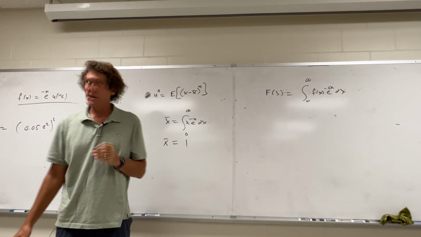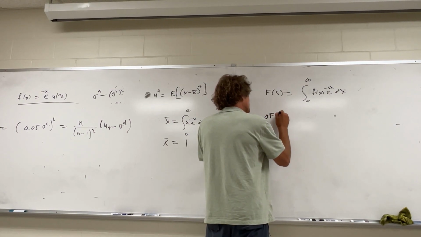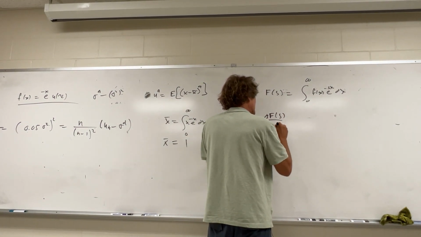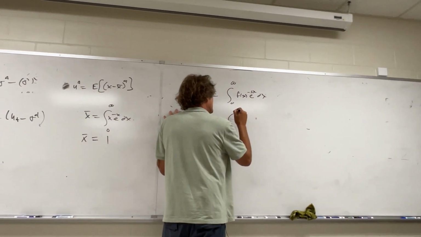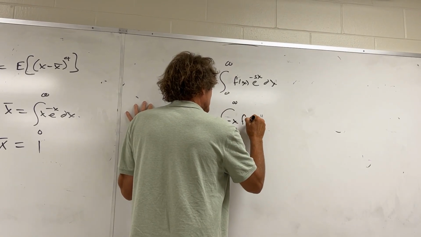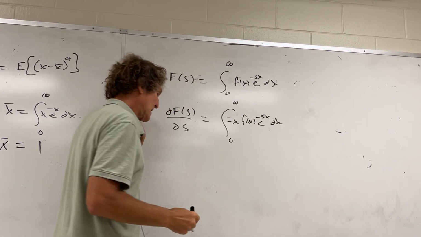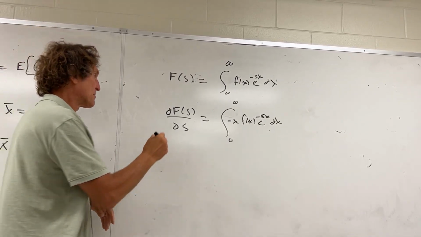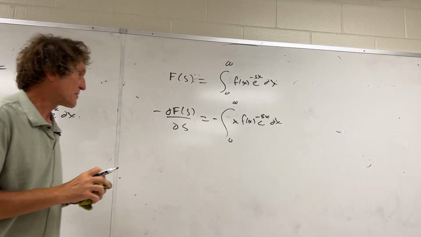You all with me? Right? Okay, then if you take a derivative of this, I think everybody knows what I'm doing here. When you do this, you get an integral from 0 to infinity of minus x times f of x e to the minus sx dx. I've done this several times, and you can see just by multiplying by a minus sign here, I get the first moment.